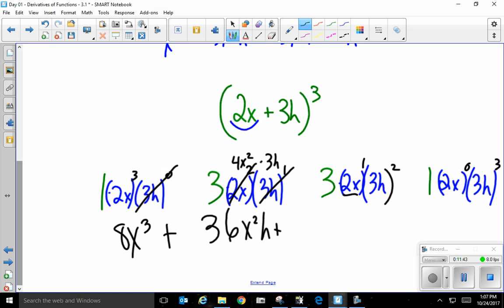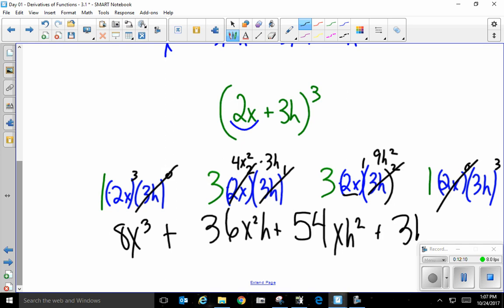If I square 3h, I have to square the 3 and the h. 2 times 3 is 6, times 9. 6 times 9 is 54, xh squared. And the 0 goes away, boom, plus 3h cubed.